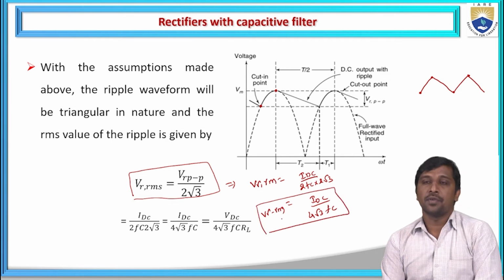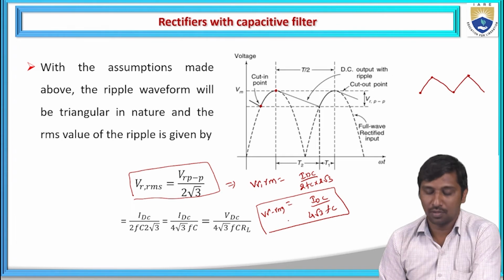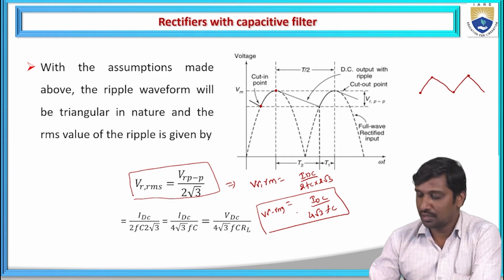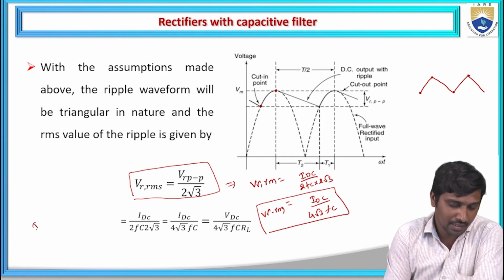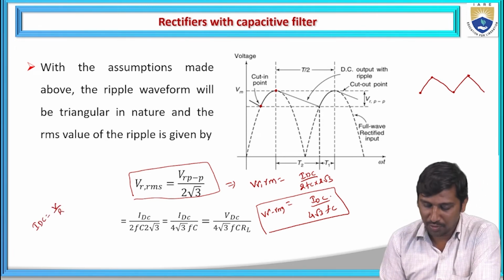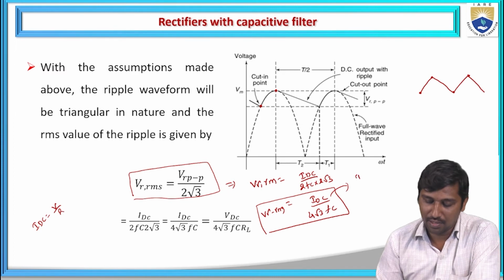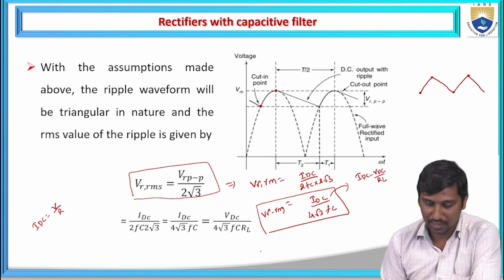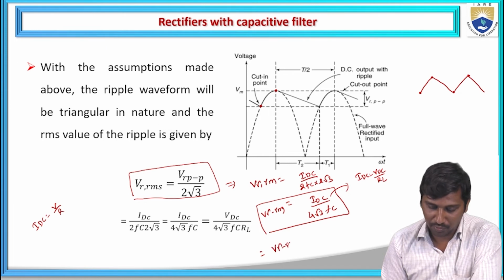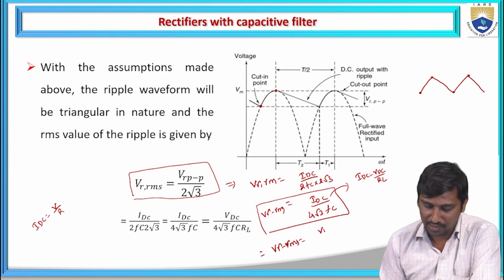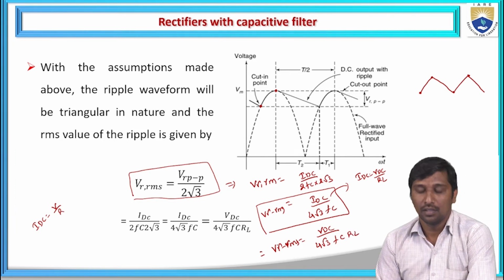If you want to write it in terms of voltage, we know that I is nothing but V by R. Hence, now I'm going to replace IDC with VDC by RL. So this RMS voltage is represented as VDC by RL, divided by 4 root 3 F into C, which gives VDC by 4 root 3 F into C into RL.